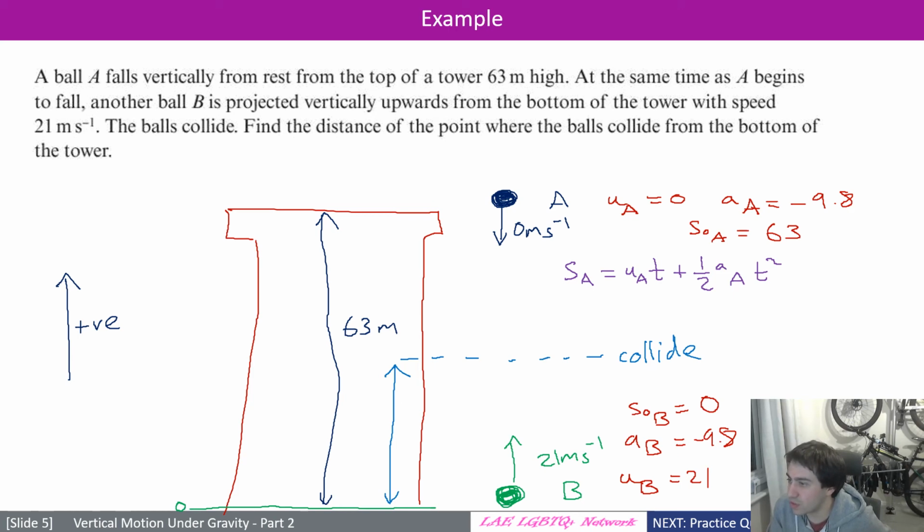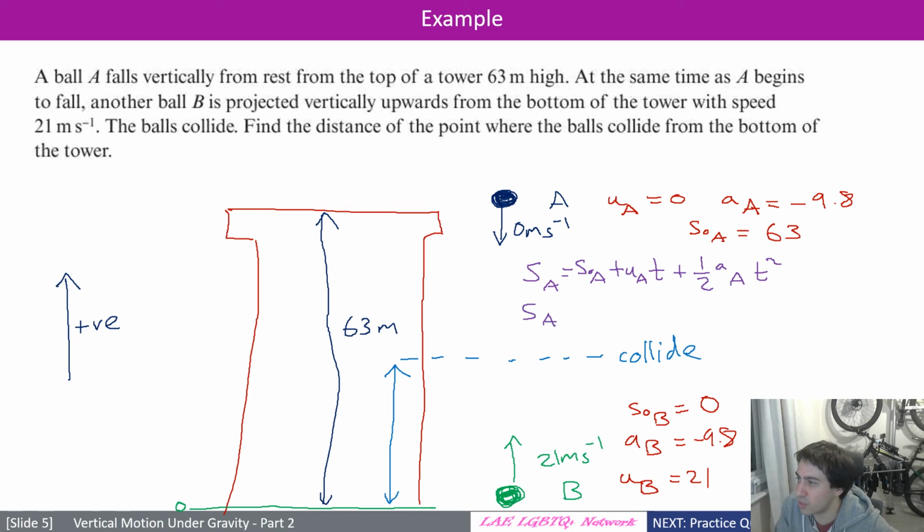But I forgot to include the s0. So let's just erase that and include the s0 because it's not 0 in this case. So the s of A is equal to the s0 of A plus u_A t plus a half a_A t squared. It looks a bit ugly because of all the subscripting, but it does make it clearer what we're referring to.